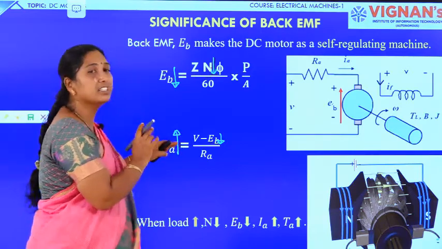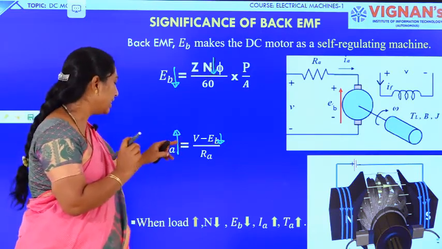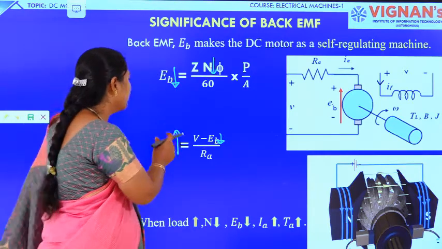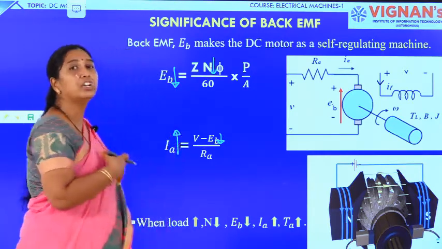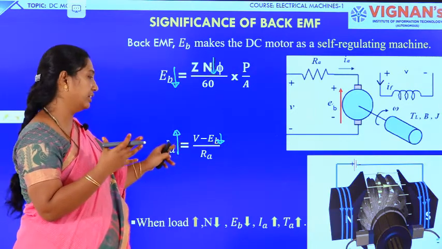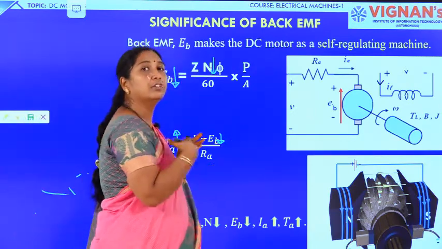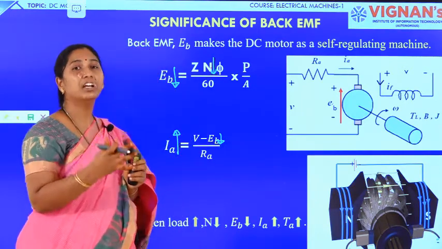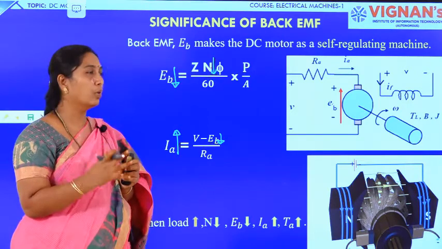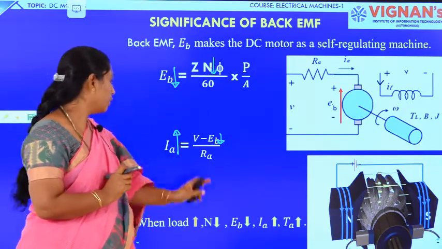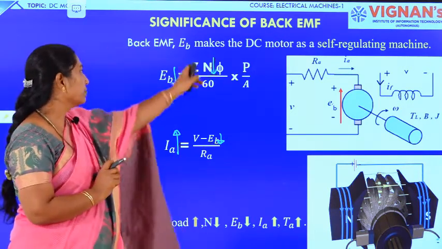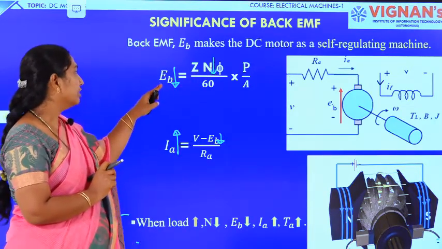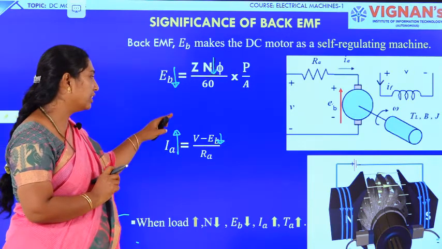Here IA is the armature current. It means whenever load on the DC motor increases, the DC motor will draw more amount of current, so that more electrical power is consumed to meet the increased mechanical load power requirement. So, whenever the load increases, speed of the DC motor decreases, back EMF that is induced in the armature will decrease.